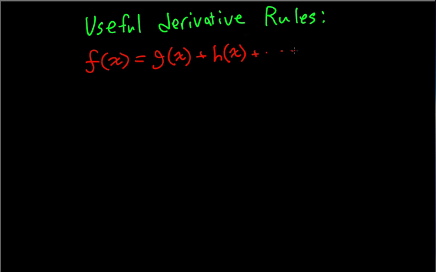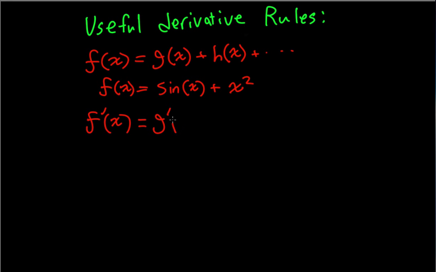So by this I mean, let's say we have f of x is equal to, this is going to be our example, sine of x plus x squared. Now, we don't really know how to take the derivative of sine of x yet, but that doesn't matter for this video. What we can do here is say that f prime of x is equal to just the sums of each derivative.